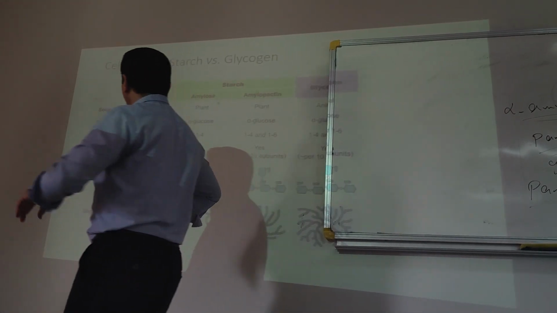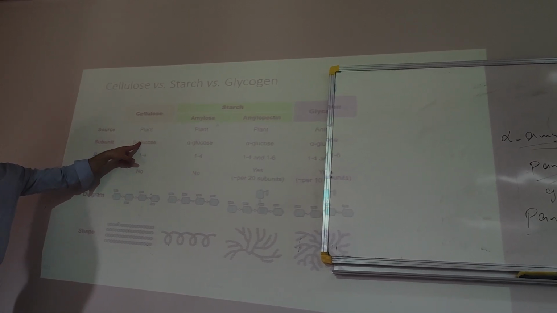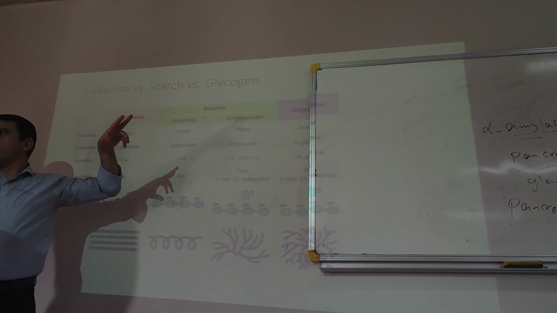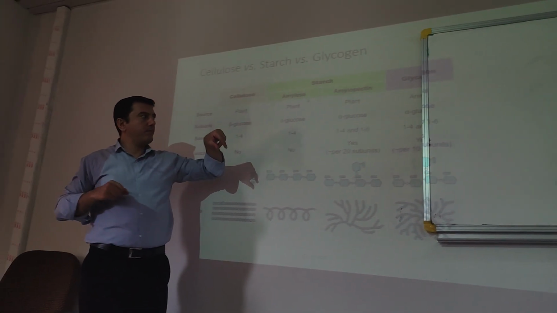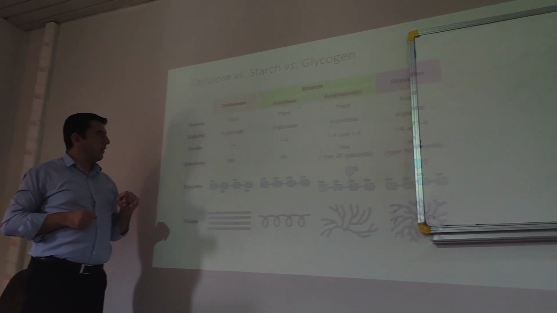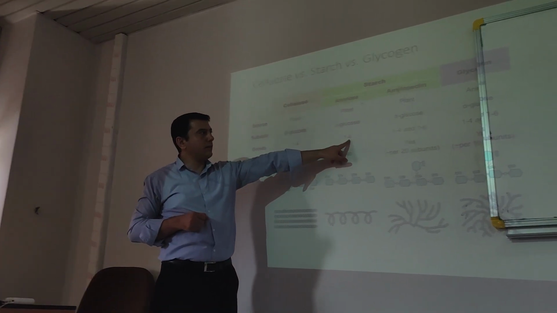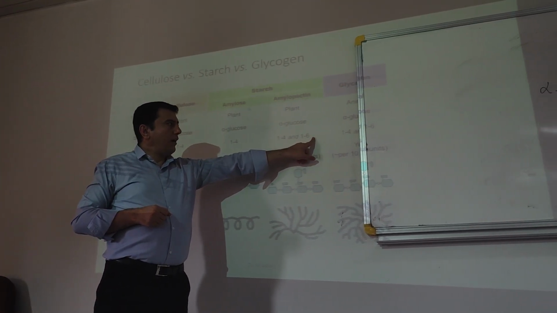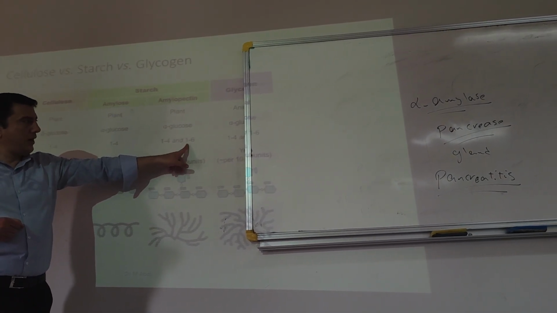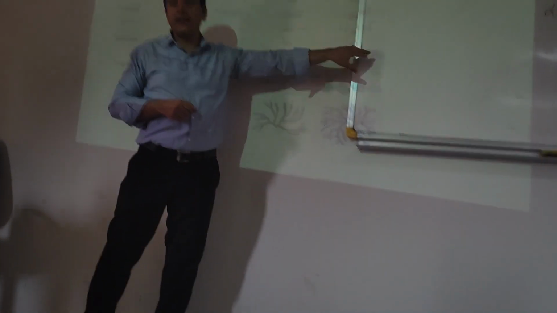Subunit: cellulose, as I explained to you, has the beta form. However, in starch you have just the alpha form. In glycogen also you have alpha glucose. The type of linkage is 1 to 4. Why is 1 to 6 mentioned here for amylopectin and glycogen?